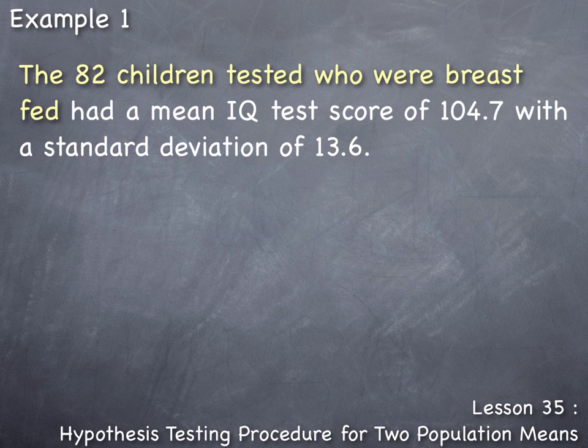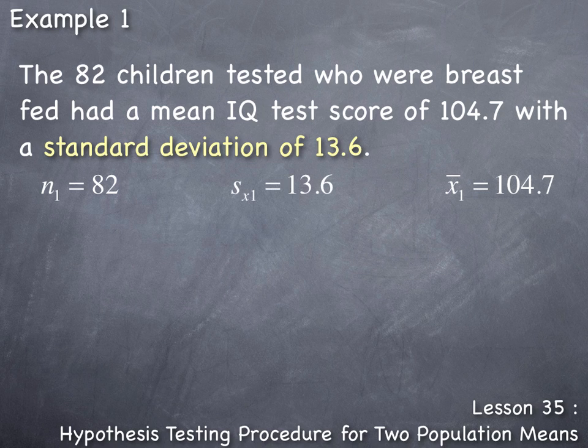So the 82 is our n1, the first sample size. In this sample they had a mean IQ test score of 104.7, so x bar 1 is equal to 104.7, with a standard deviation of 13.6. Thus, Sx1 is equal to 13.6.